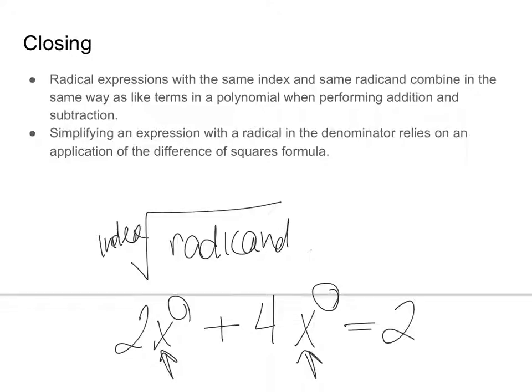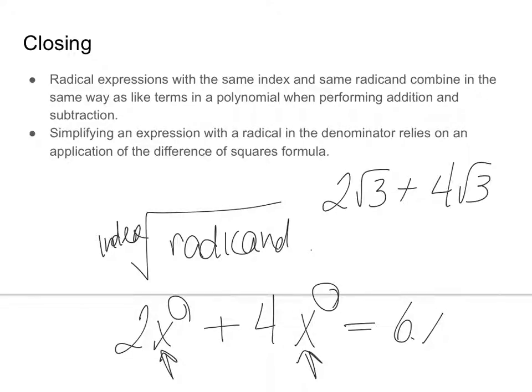So you can combine them. Oops, except you have to add them correctly. Goodness. 2 plus 4 is 6. Just like if you had 2 square roots of 3 plus 4 square roots of 3, it's 6 square roots of 3. All done for today.